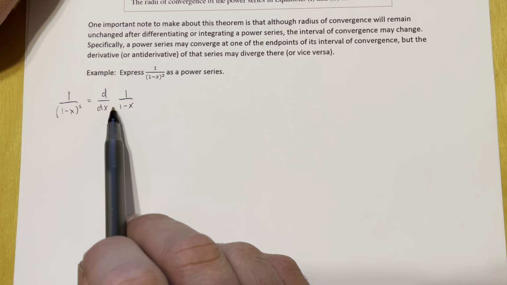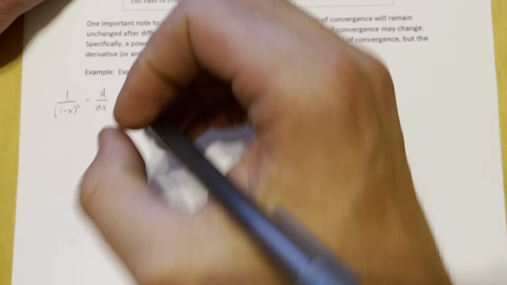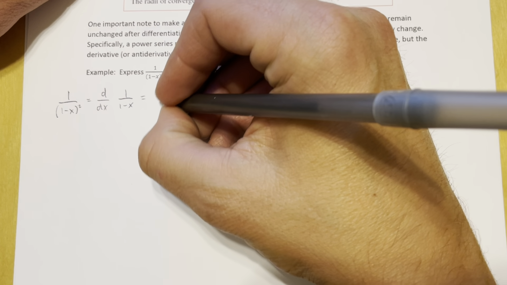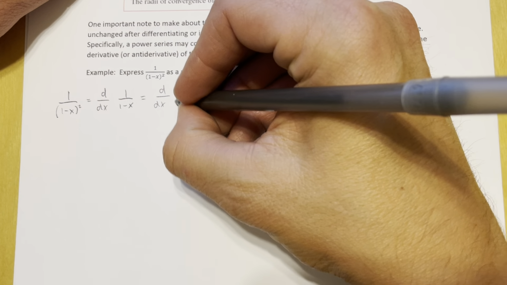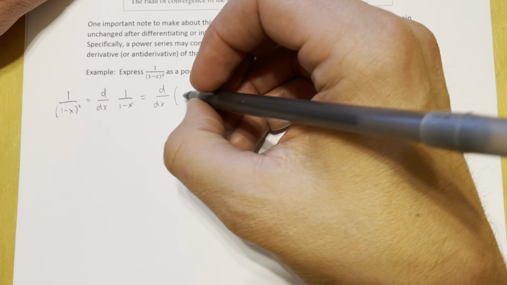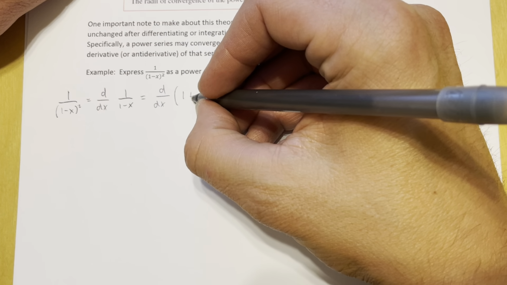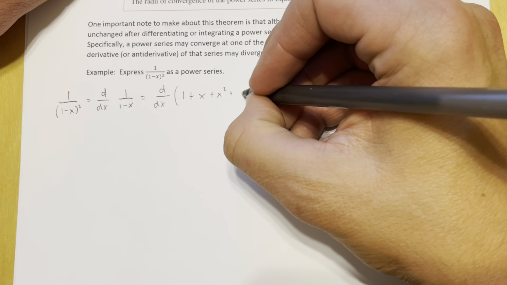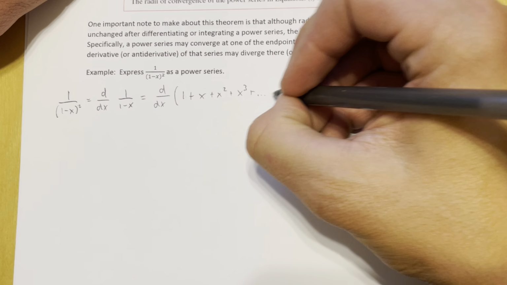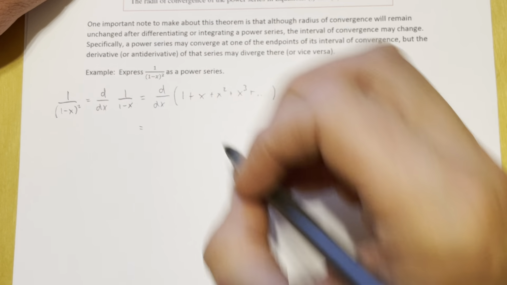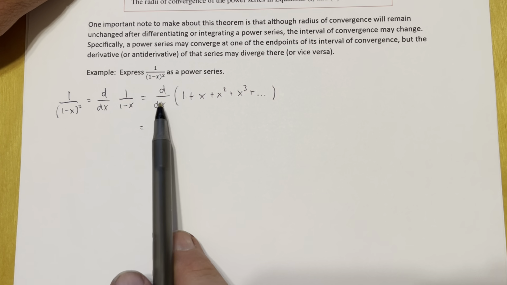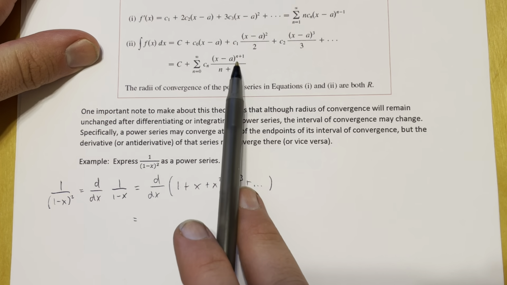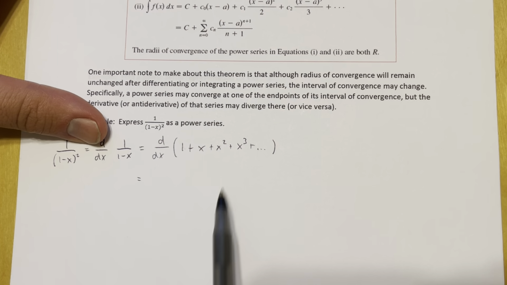But knowing that and knowing what the power series for 1 over 1 minus x is says that this can be differentiated by instead differentiating its power series. 1 plus x plus x squared plus x cubed plus and so on and so forth. And then in addition, our theorem up here says that I can do this differentiation term by term.